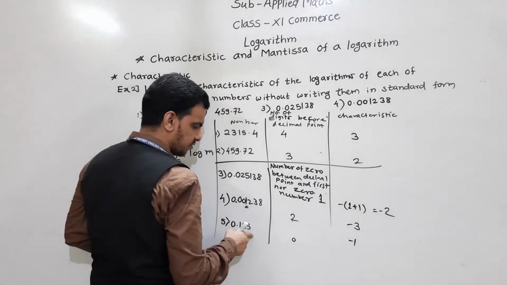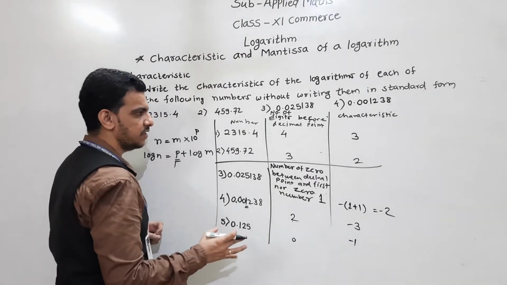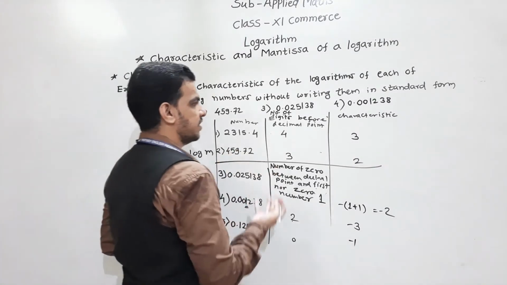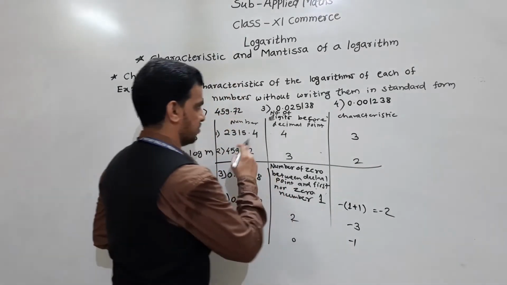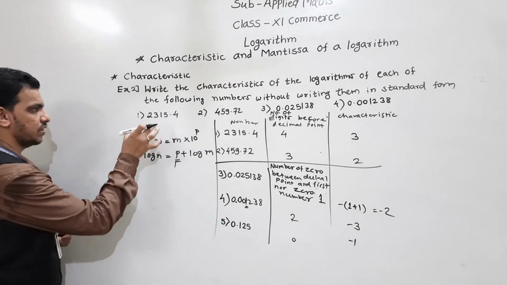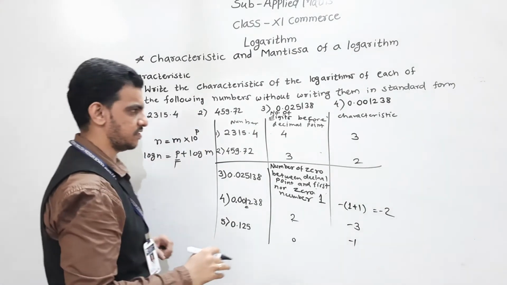So the characteristic of this number is minus 1. This means that without writing the standard form we can find the characteristic of the logarithm of these numbers. We only have to observe the number and write the characteristic.